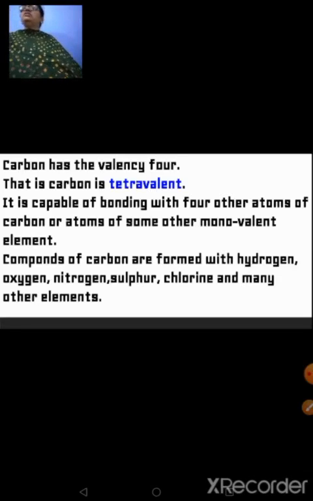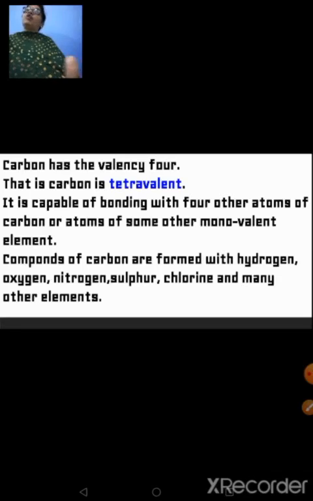So these two properties of carbon make it versatile in nature. One is catenation and another one is tetravalency. What is catenation? Forming long chains, a self-linking property. Carbon can form covalent bonds with other carbon atoms and with atoms of other elements.